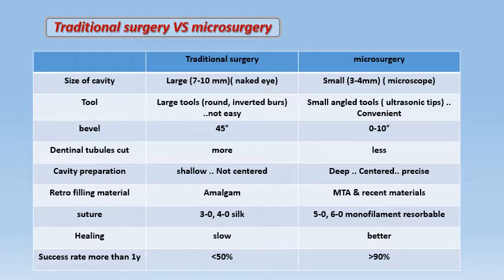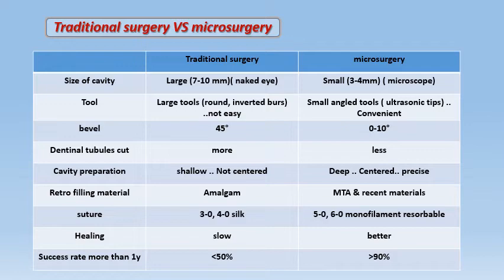The root-end filling material for traditional surgery was the earliest materials such as amalgam. But for microsurgery now, MTAs and recent materials, bioceramics, are used. Regarding the suture, for traditional surgery there were large size sutures, 3-0 and 4-0, made of silk, which is non-resorbable and needs to be removed after 7 days.